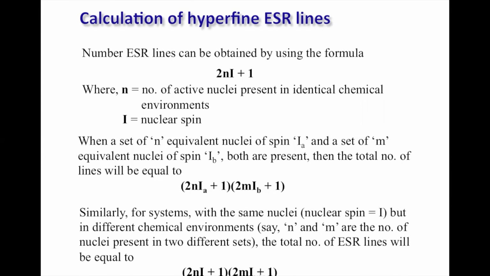Similarly, if we have two sets of equivalent nuclei, suppose one set consisting of n equivalent nuclei and the other set consisting of m equivalent nuclei, but with the same nuclear spin of value I, then the total number of ESR lines will be equal to (2nI plus 1) into (2mI plus 1).